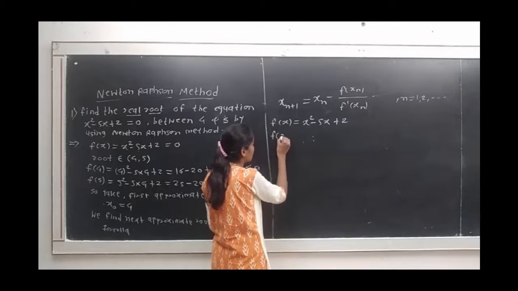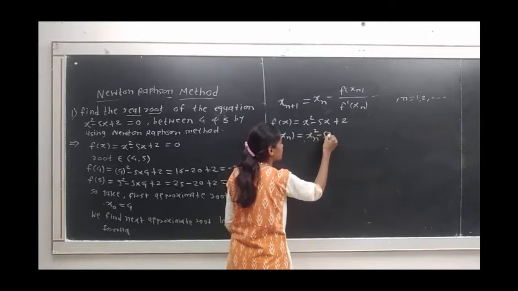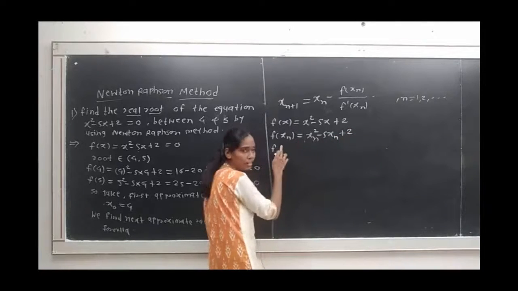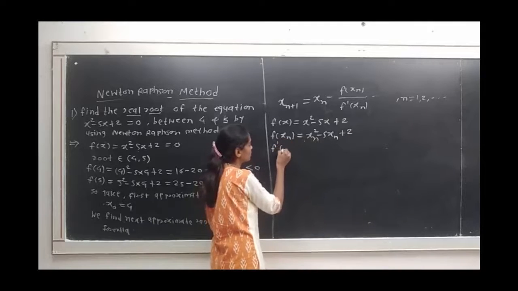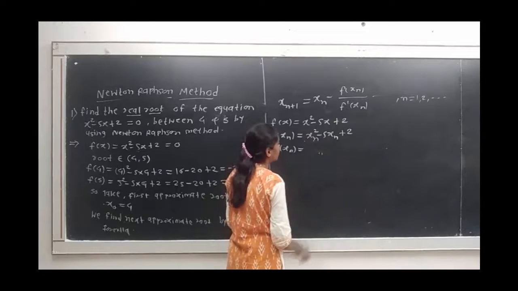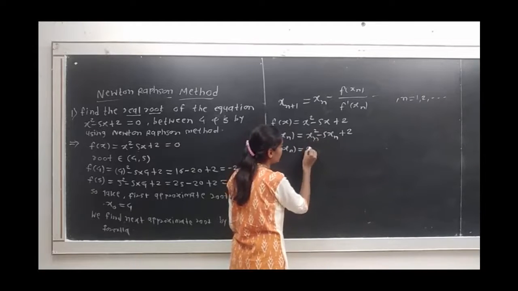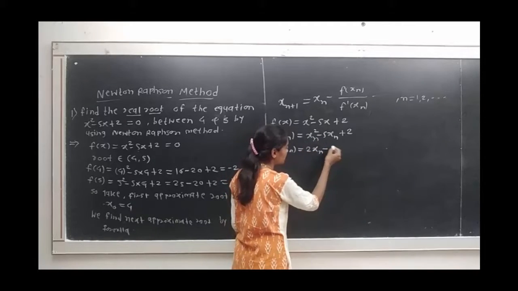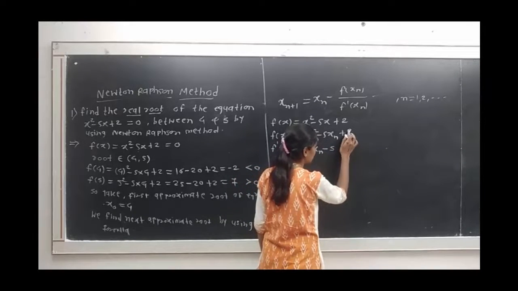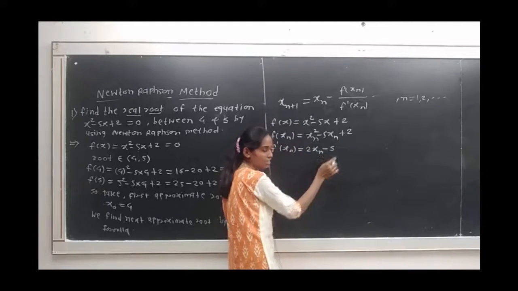So f of xn is xn square minus 5xn plus 2, and if we find f dash of xn, that is the derivative of this function, the derivative of xn square is 2xn, the derivative of 5xn with respect to xn is 5, and the derivative of 2 is 0. So f dash of xn is 2xn minus 5.